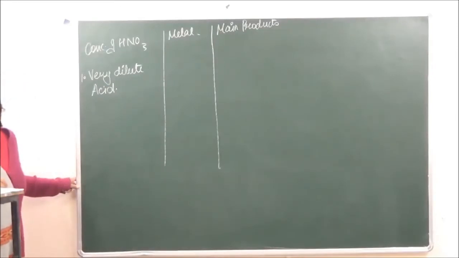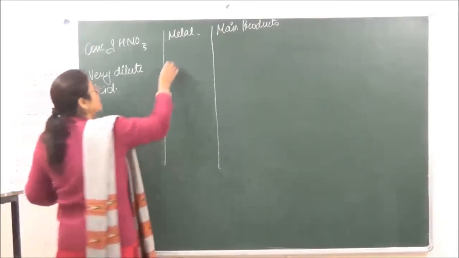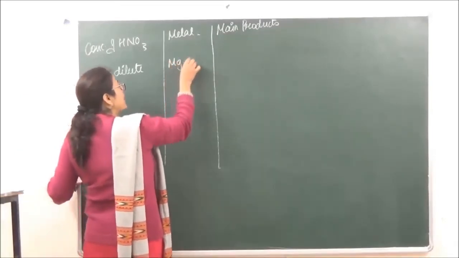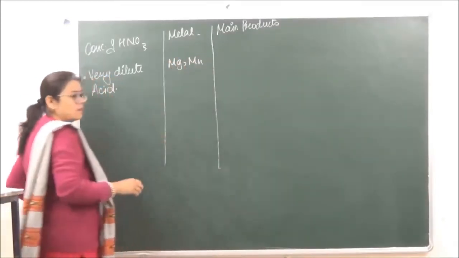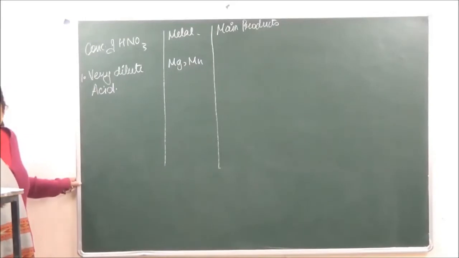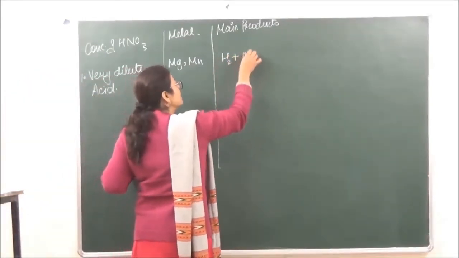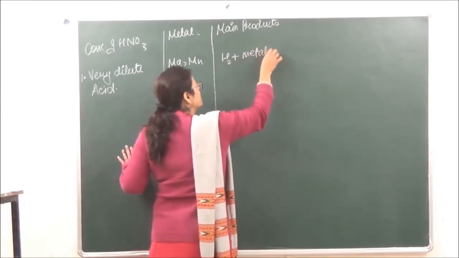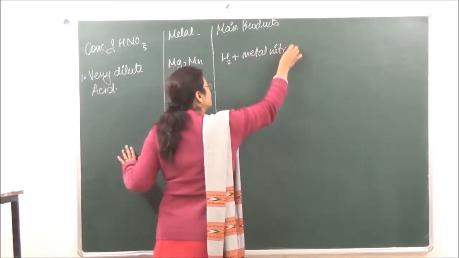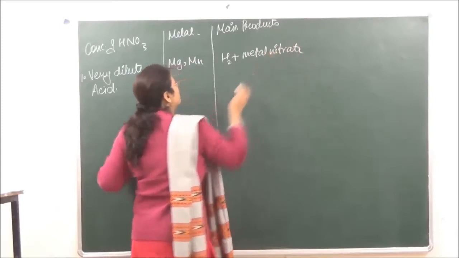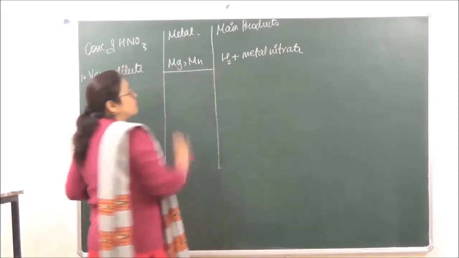When we are taking very dilute acid, let's react it with magnesium and manganese. The products are hydrogen plus metal nitrate. Got it?